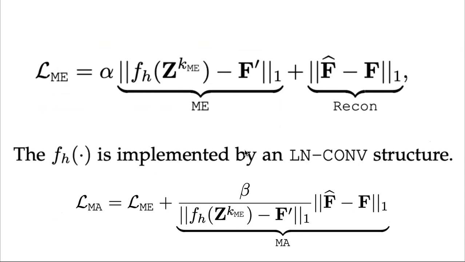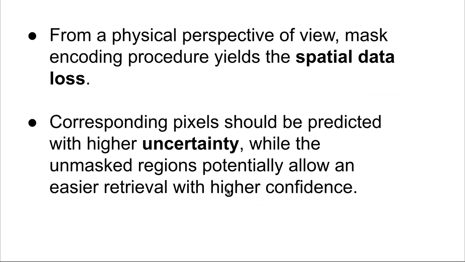So in the mask-aware loss, we have alpha to control the weight between ME and reconstruction loss. And F of FH is implemented by a linear convolution structure. And then LMA is the weighted sum. So the mask-aware loss is the sum of LME plus LMA.